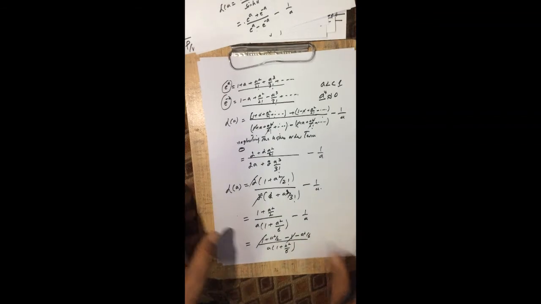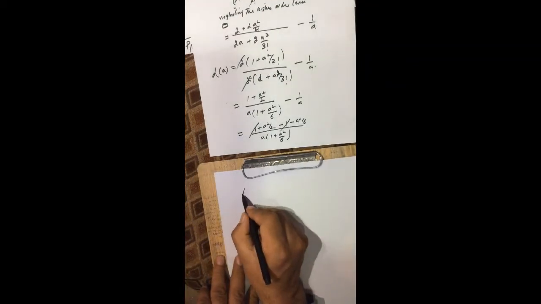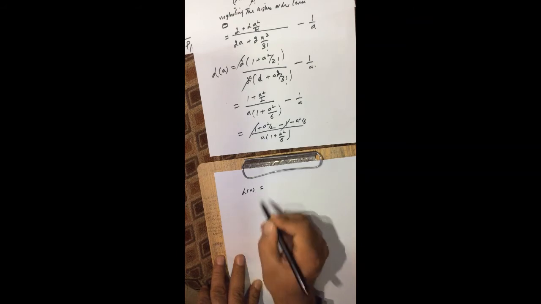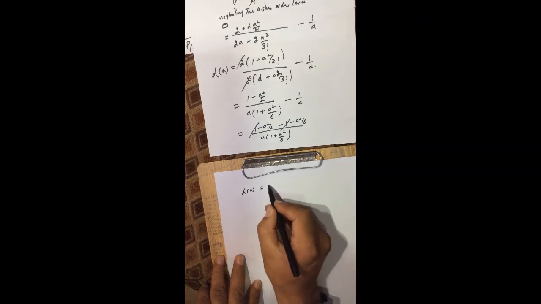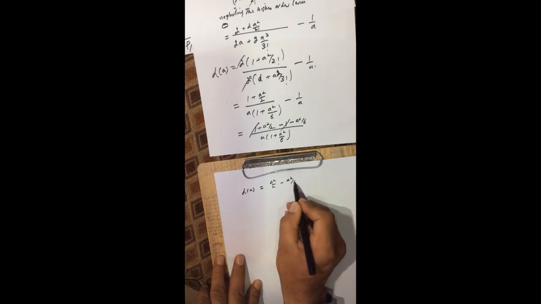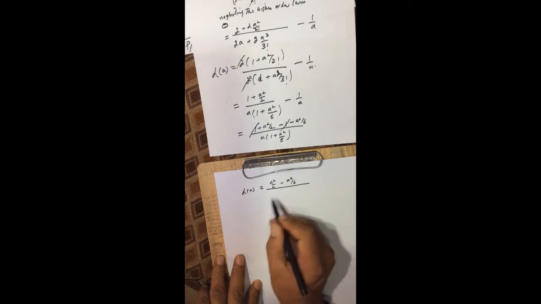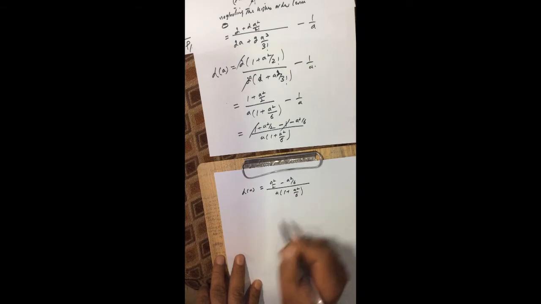So this Langevin function now becomes equal to a square over 2 minus a square over 6, divided by a into 1 plus a square over 6.